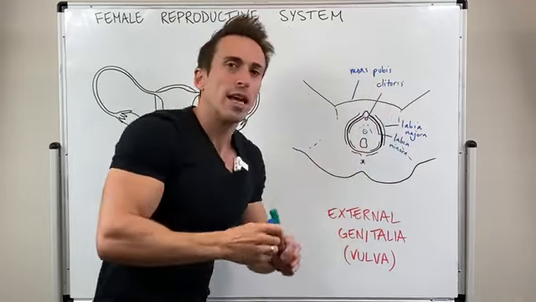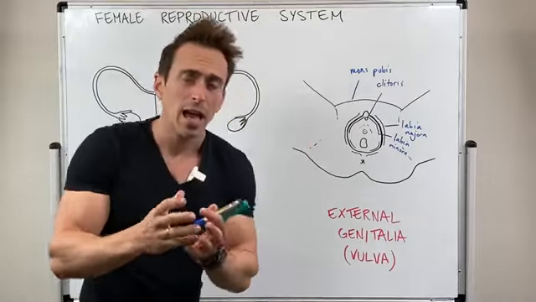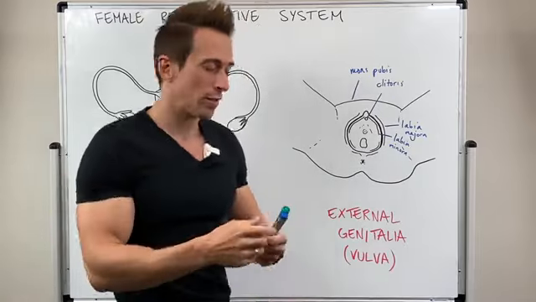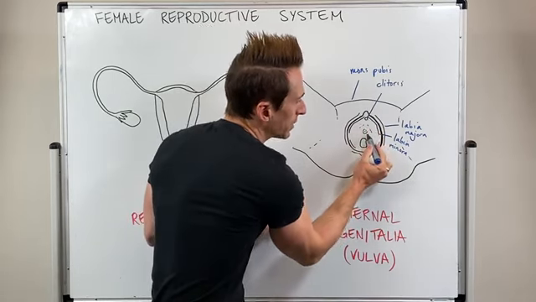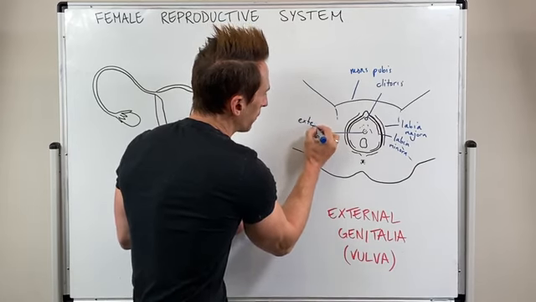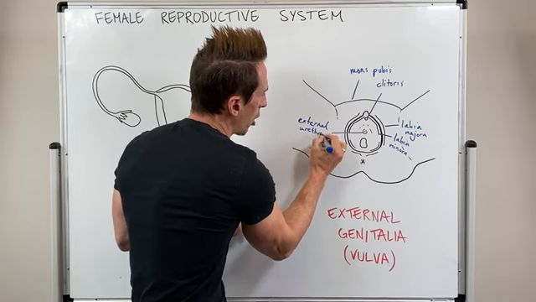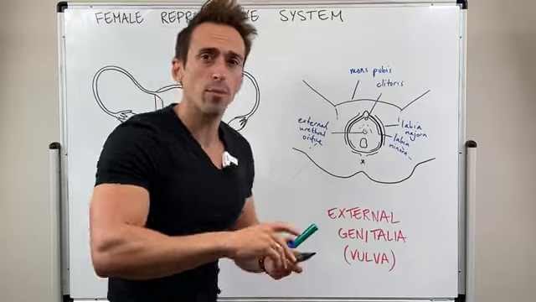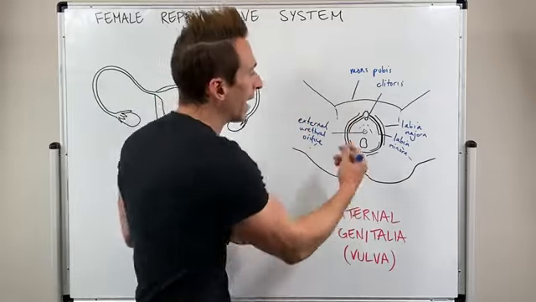And the clitoris is highly innervated with sensory neurons. So it is extremely sensitive and it plays a very important role in sexual arousal when it comes to female reproduction. As we move down, you'll find there's the external urethral orifice, which is where the urethra coming from the bladder moves through to move urine out of the body.